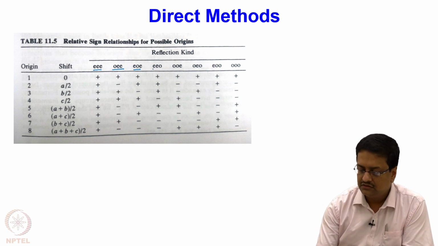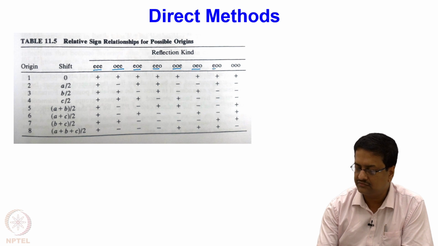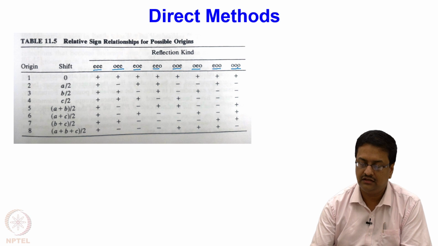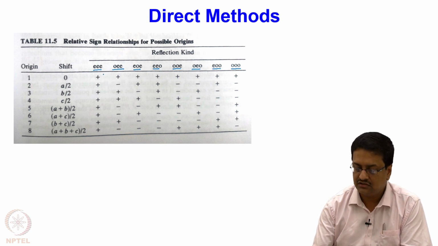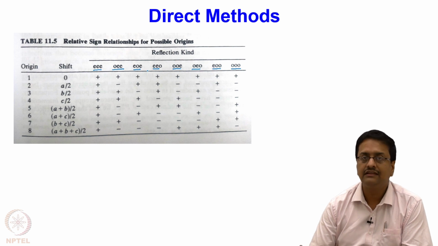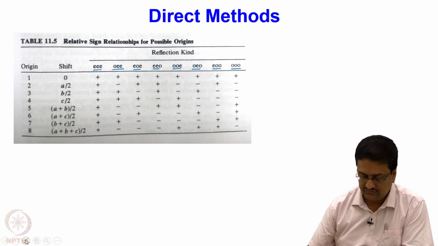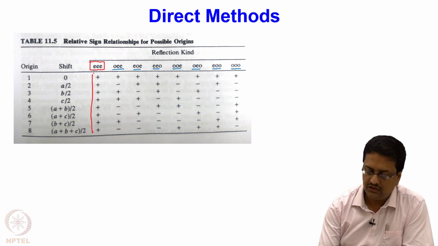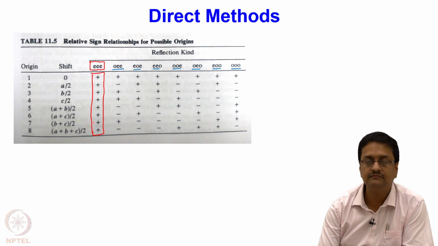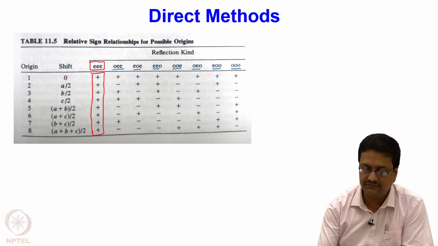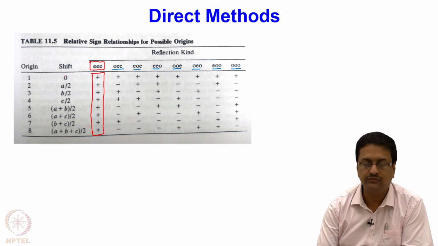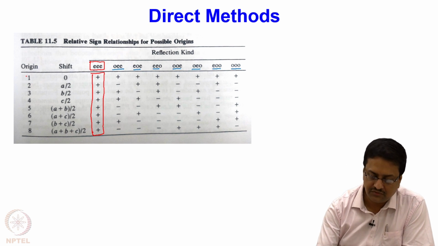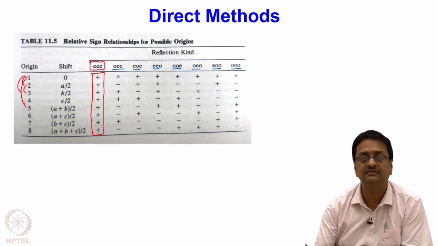So in this case, there are different possibilities of the HKL reflections, having the indices as all even or all odd, or combinations of odd and even.